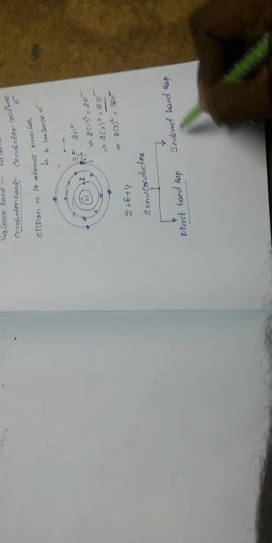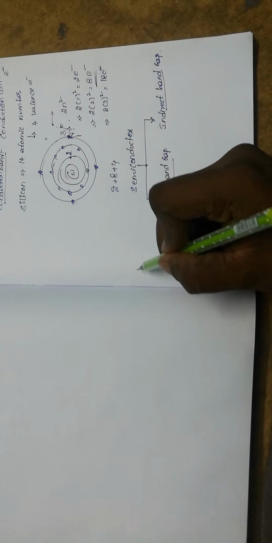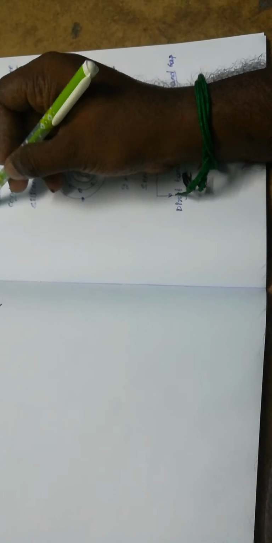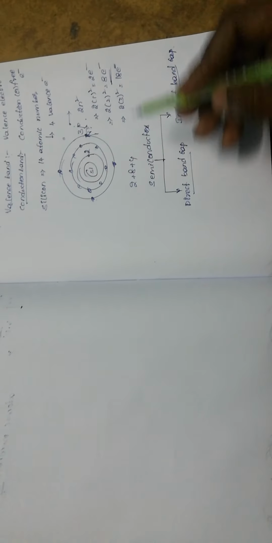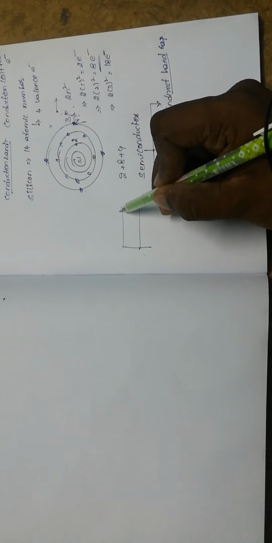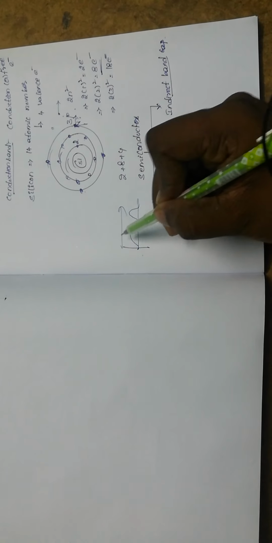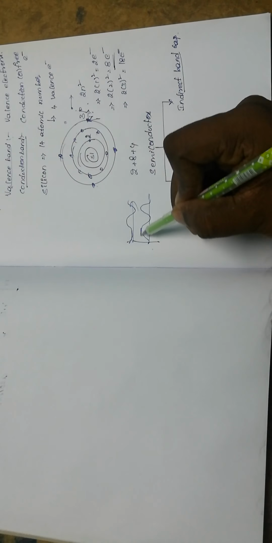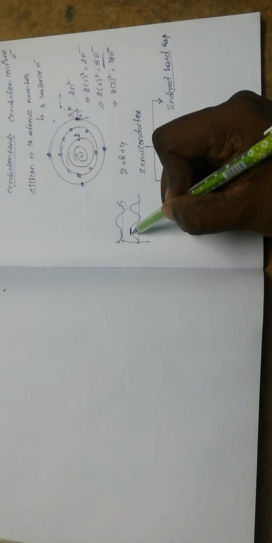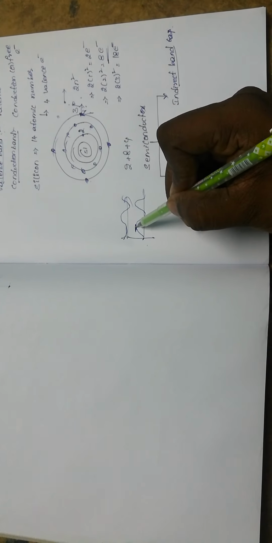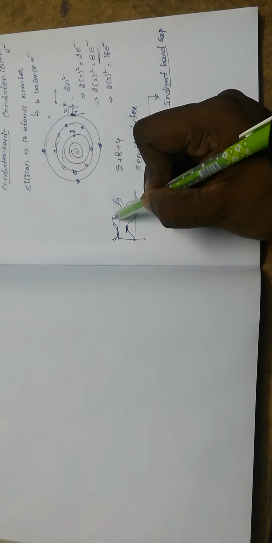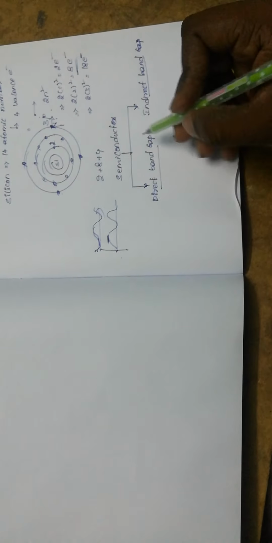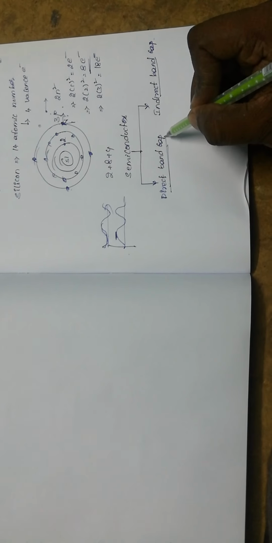So what is meant by direct band gap semiconductors and indirect band gap semiconductors? If we see the top of the valence band and the bottom of the conduction band, if both have the same momentum like this, that means the momentum present at the top of the valence band is the same as at the bottom of the conduction band, then we call it a direct band gap semiconductor.